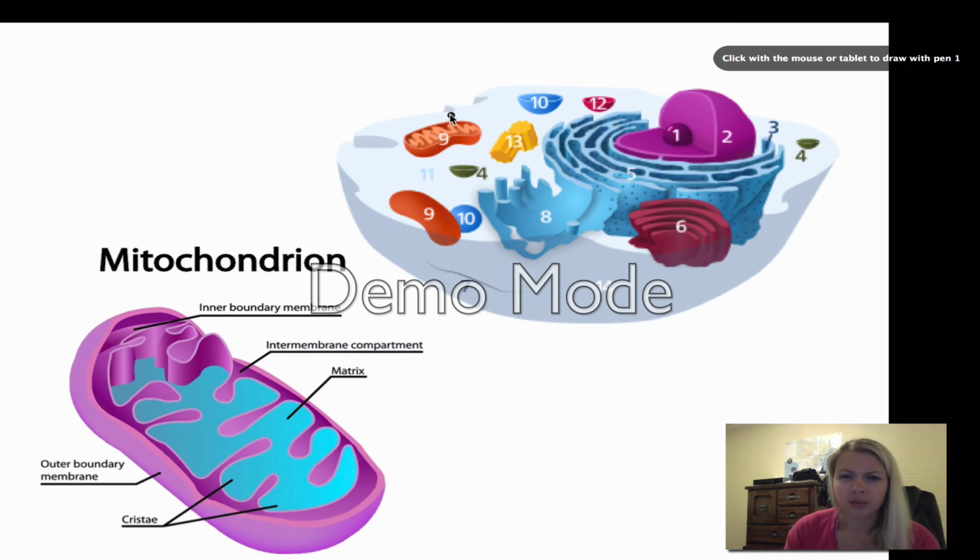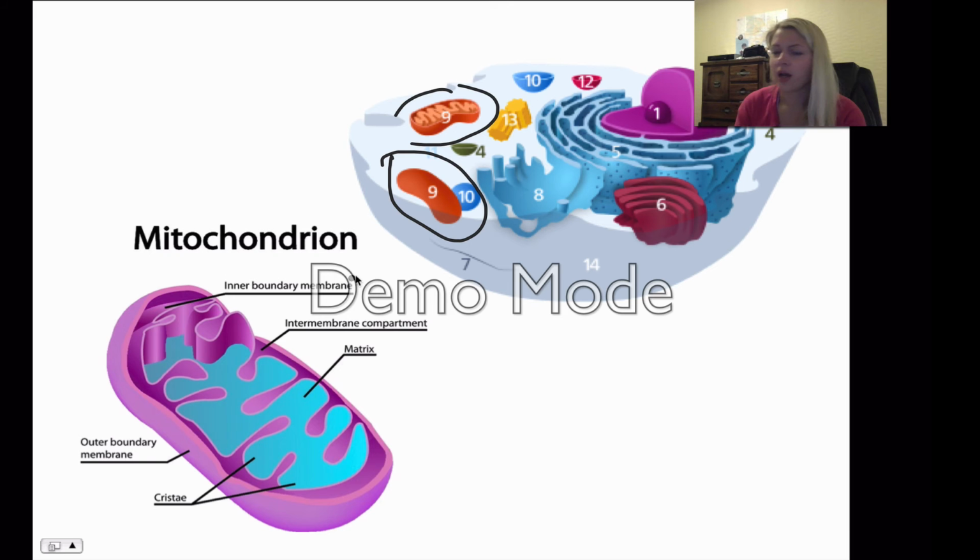So, it's within the cell, it's located right over here. Basically, what it does, it creates ATP, it creates the energy.